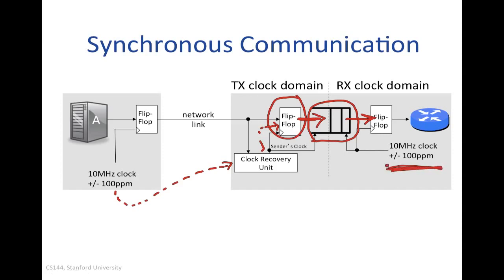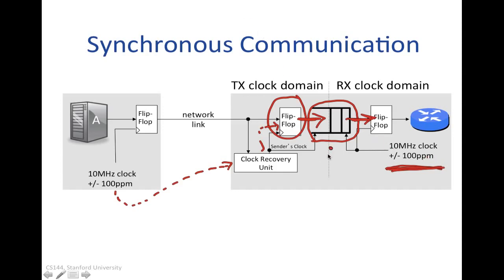So the FIFO is different from the ones we used before, where we assumed that the clock is the same on both sides. This FIFO is very carefully designed to let us do this using two clocks. Once the bit emerges on the other side, it is now in the clock domain of the receiver, and we can safely process it using its clock.